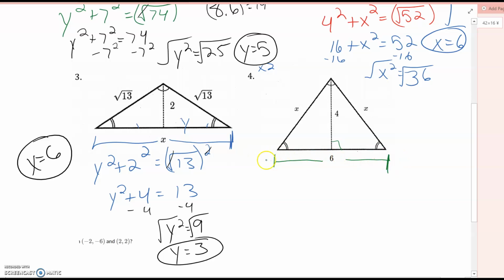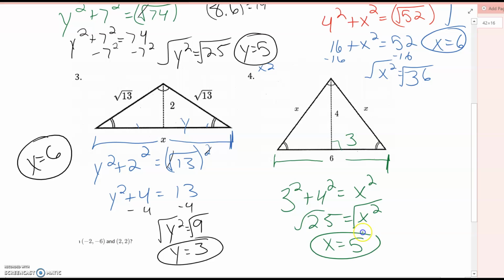So if I have a number here, I can take half of it, would go here. So I'd have 3 squared plus 4 squared, because these are the legs of my triangle, equals x squared. 3 squared plus 4 squared is 25, equals x squared, square root, x equals 5. Boom, that goes there.